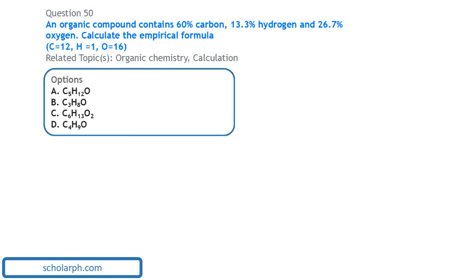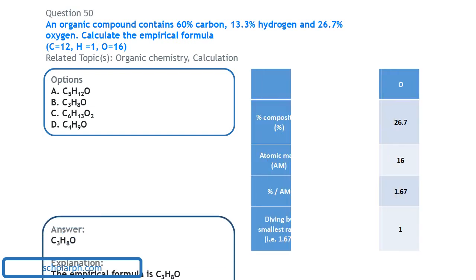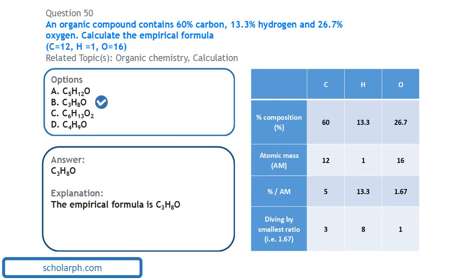Final question here. An organic compound contains 60% carbon, 13.3% hydrogen, and 26.7% oxygen. Calculate the empirical formula. We have the atomic masses of carbon, hydrogen, and oxygen. The percentage composition of carbon is 60, of hydrogen is 13.3, of oxygen is 26.7.